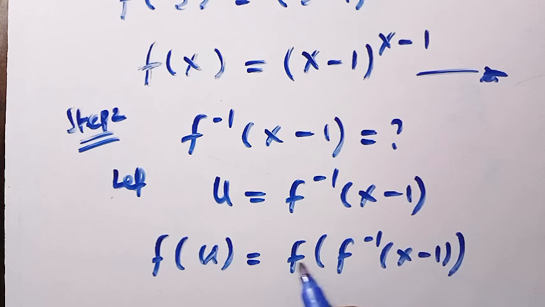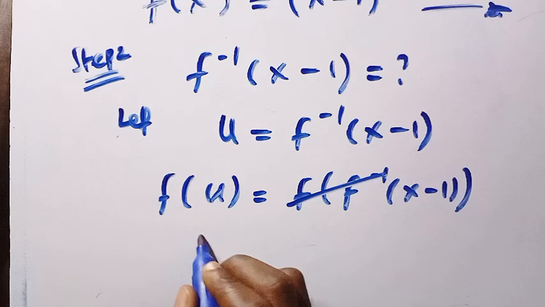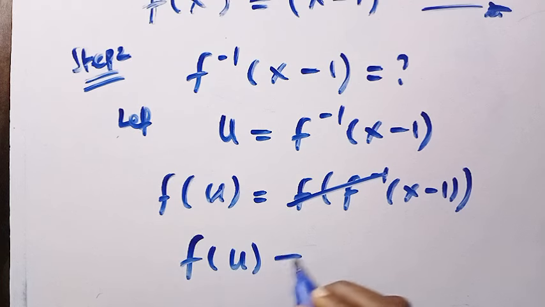When f and f inverse are composed, they cancel each other, and we have only f of u equals x minus 1.